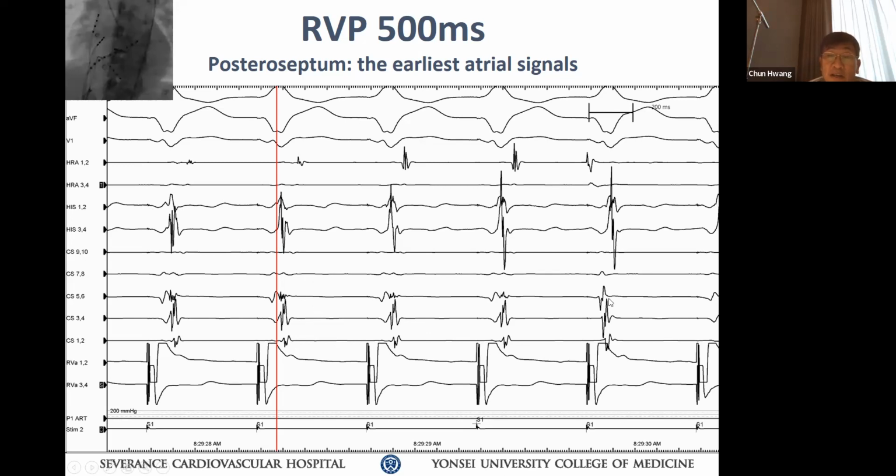HRA. Yeah. What happened here? You paced, but then there's a PAC, for some reason somewhere, that came down. You activate your local A. So transient dissociation of the VA conduction with a captured A.